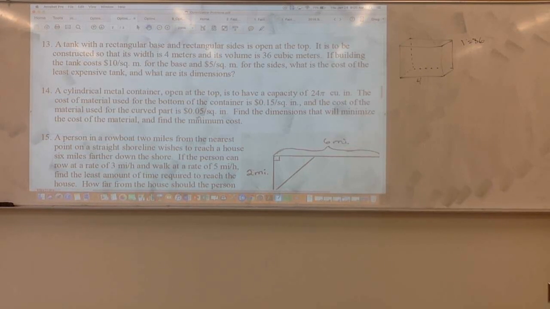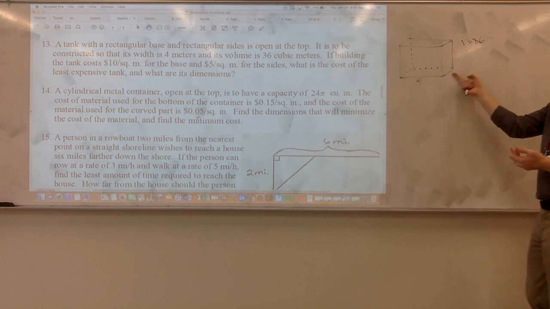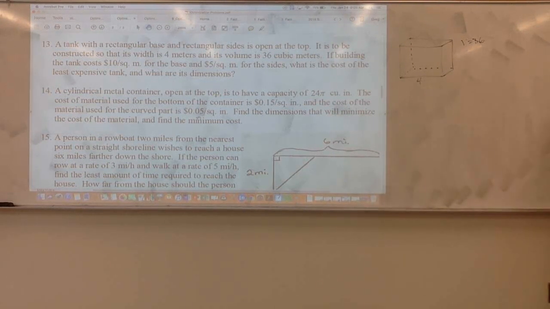So what am I trying to minimize here? The cost. Well, okay, first we have to write down the equation for volume, right? Yeah, this is definitely going to have something to do with volume. So we don't know what the length or the height are, but we know the width.